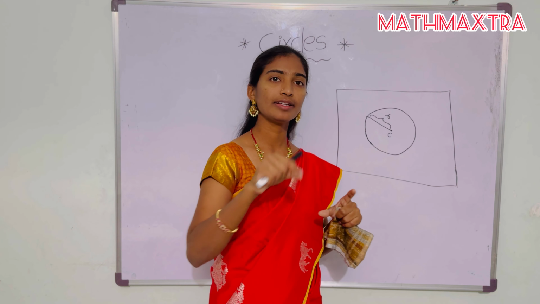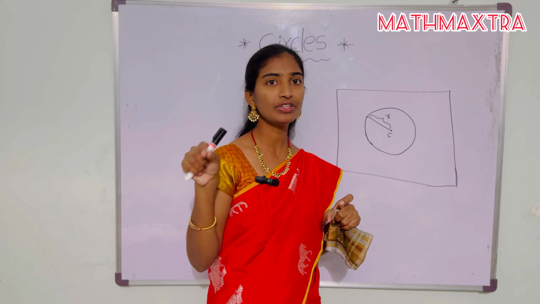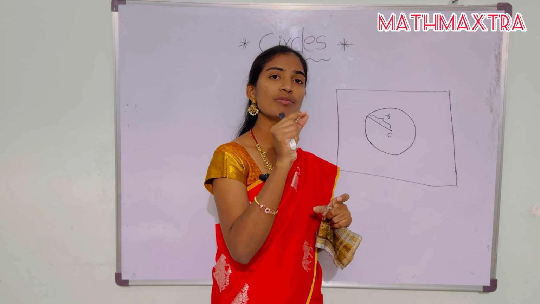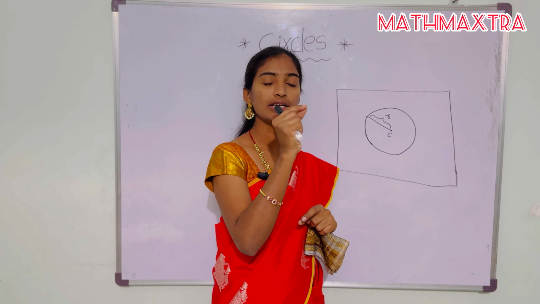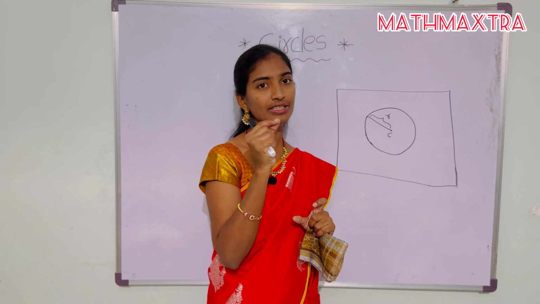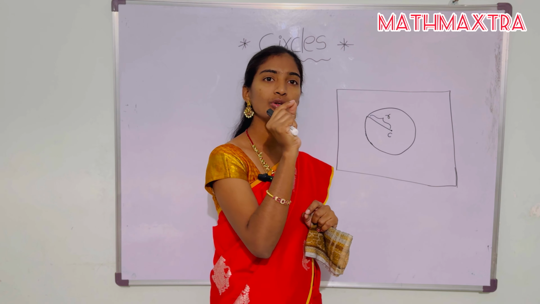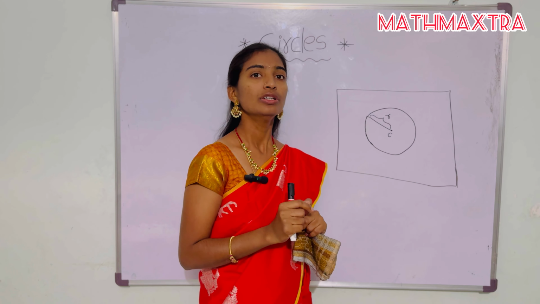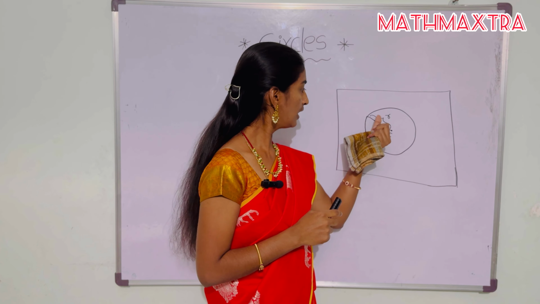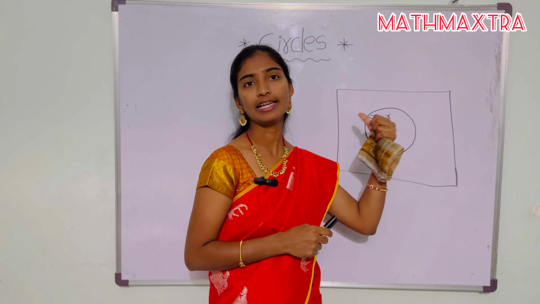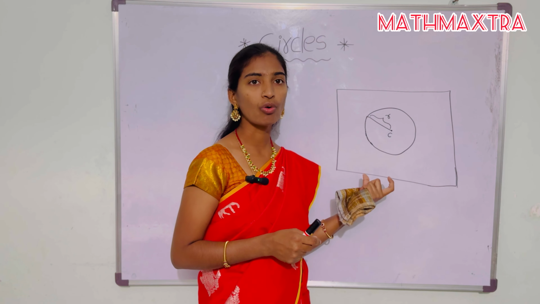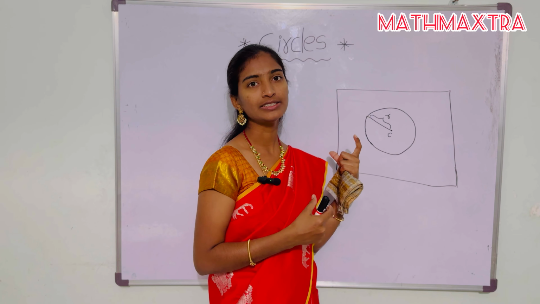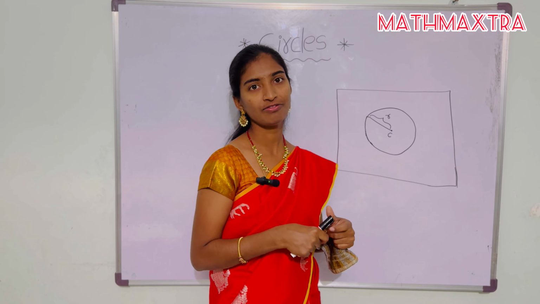So if you increase the number of sides up to infinity, then the length of the line segment becomes very small, and somewhere at infinity it comes to the length of a simple point, isn't it? So at that time it looks like a circle. That is why we also call a circle a polygon of n sides where n tends to infinity.